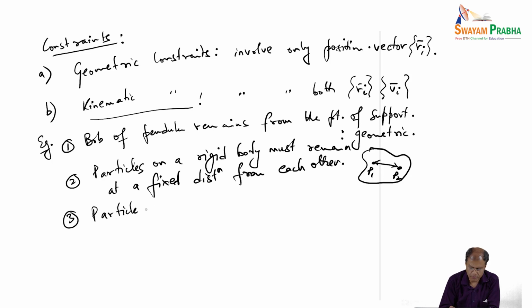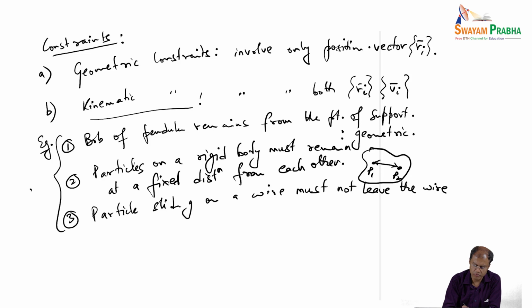This is another example: a particle sliding on a wire must not leave the wire. The distance between the wire and the particle is 0. So these are all cases of geometric constraints, because they involve some sort of position vectors in the system.